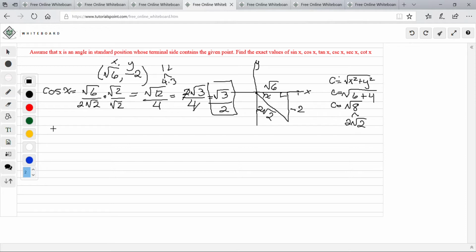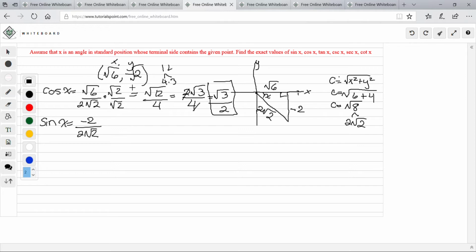Let's do sine of alpha. Sine of alpha is y over radius. Sorry, the y value should be negative root 2 over 2.